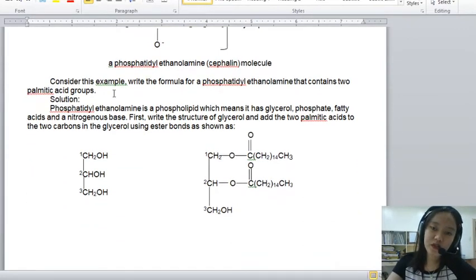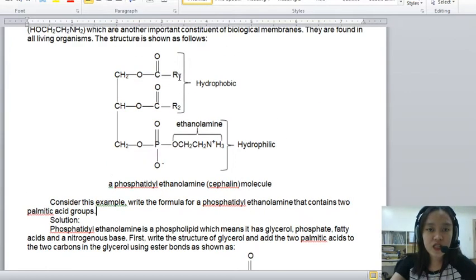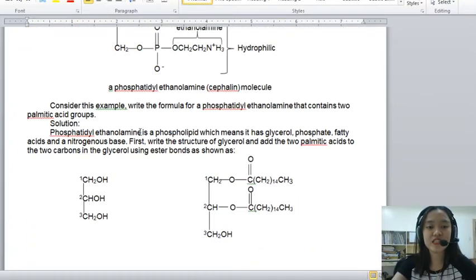Consider this example. Write the formula for phosphatidyl ethanolamine that contains two palmitic acid groups. So, meaning dito sa sample na ito, yung R1 and R2 niya is the same. Dalawang magkaparehong fatty acids. Dalawang palmitic acid groups.